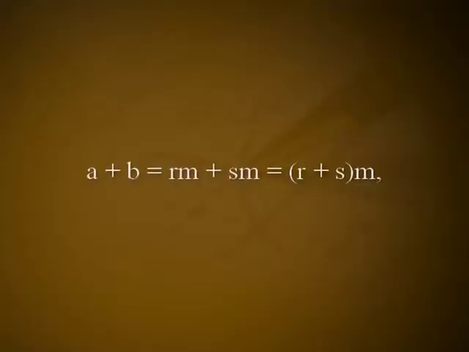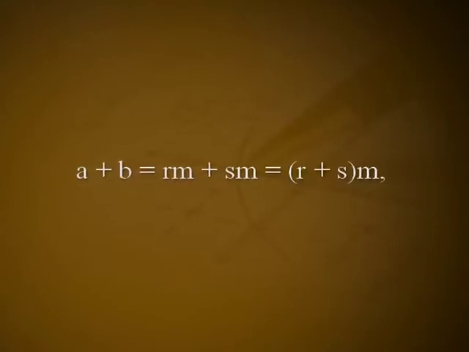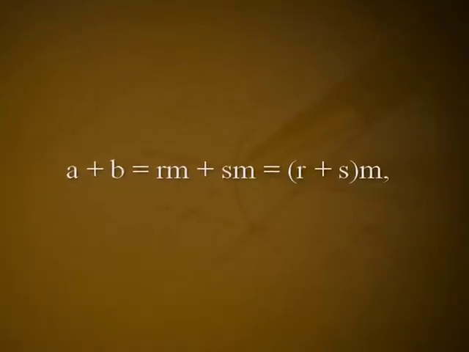Closure property. Let A, B belong to G, then there exist integers r and s such that A equals rm and B equals sm, so that A plus B equals rm plus sm equals (r plus s)m, a multiple of m by an integer, and hence A plus B belongs to G. G1.